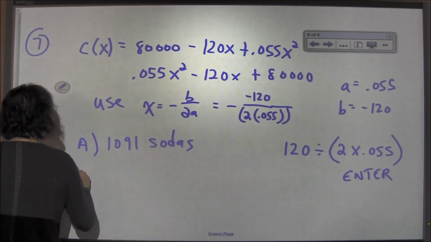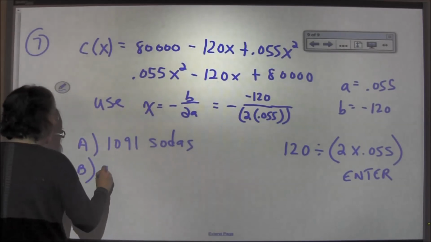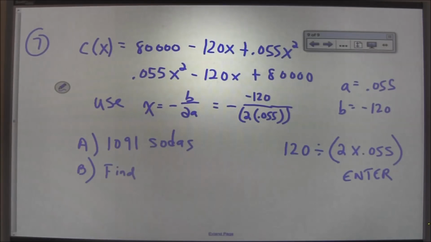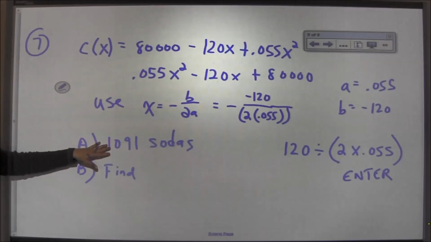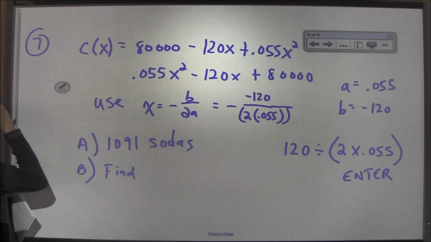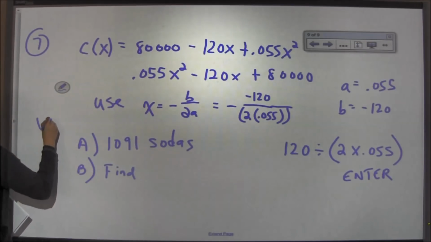Now, how do I answer the second question? It asks, what is the minimum cost? So what did we figure out here? This is the vertex, right? And this is a parabola that opens upward because the a value is positive.